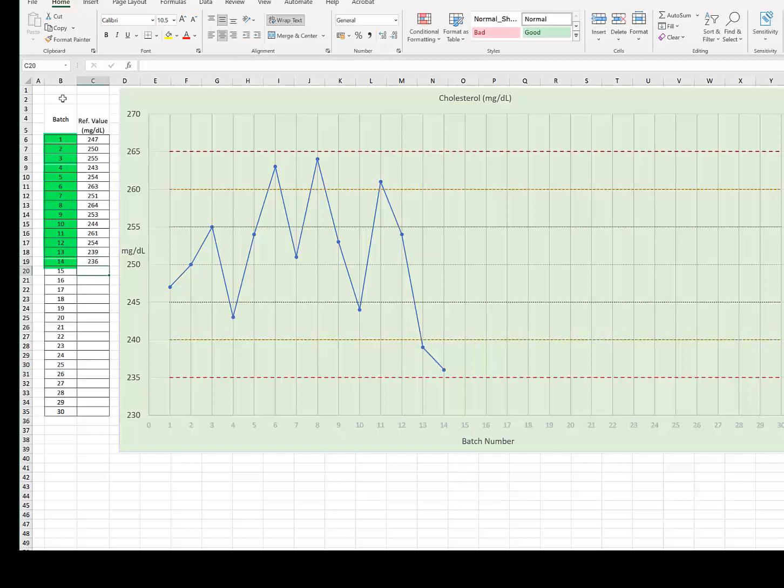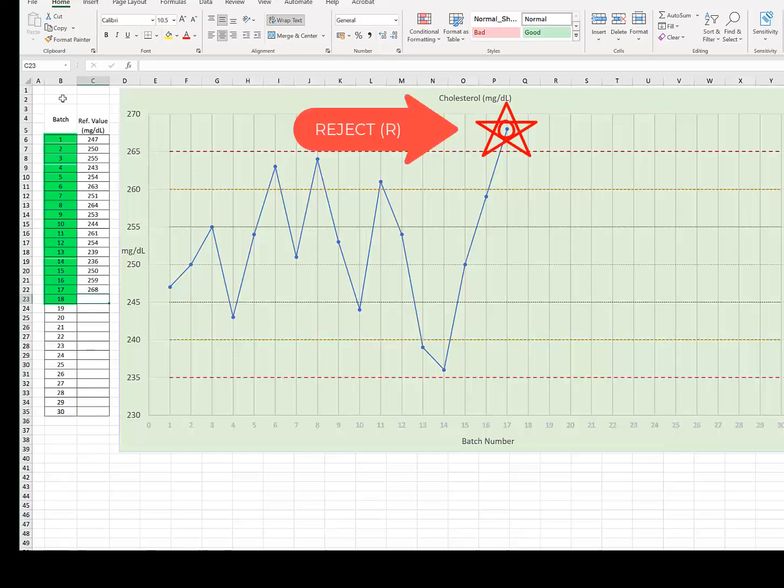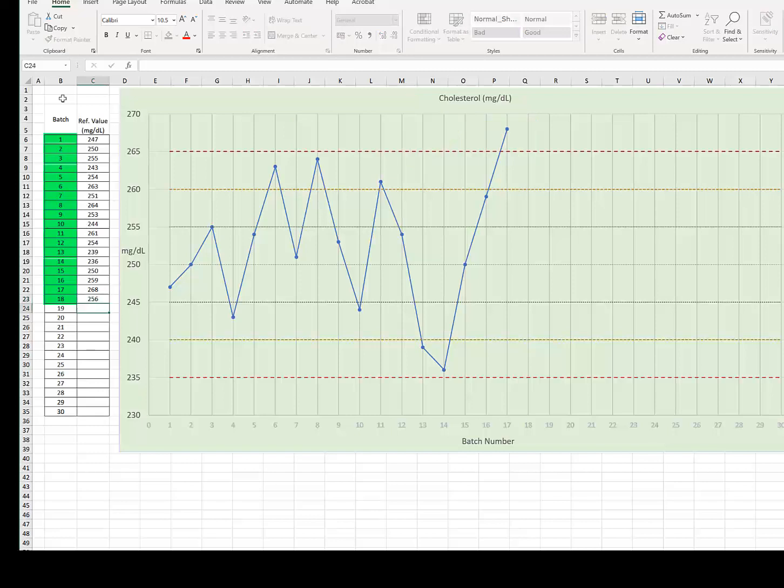The expected warnings rate is 1 in 20. The batch 17 control sample is above the upper control limit, and that batch will need to be rejected.